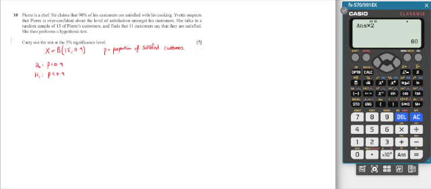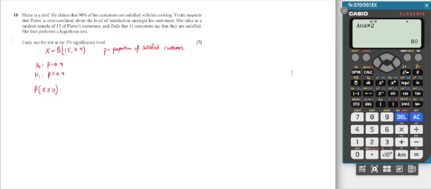So we want to find the probability that X is, what do we need? If she reckons not many people are satisfied, then X is less than or equal to 11, because we're going with what she thinks, or a worst case scenario, and a worst case for Pierre is that fewer than 11 would do that.